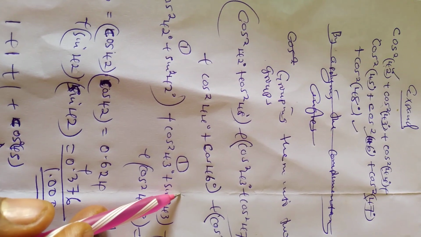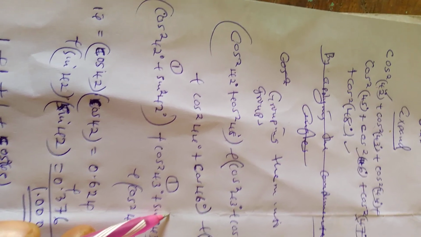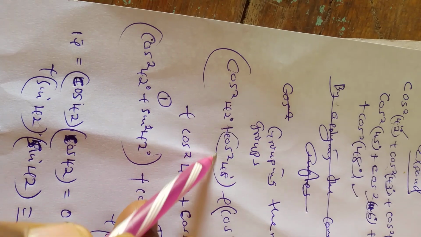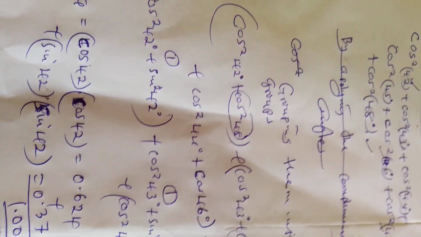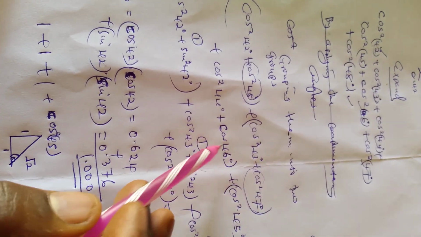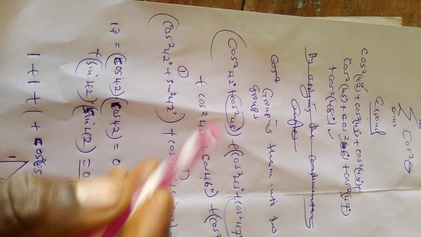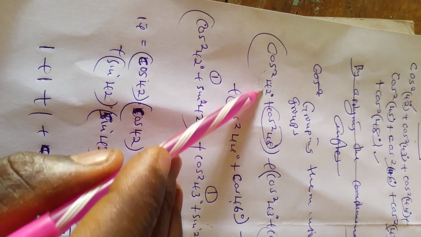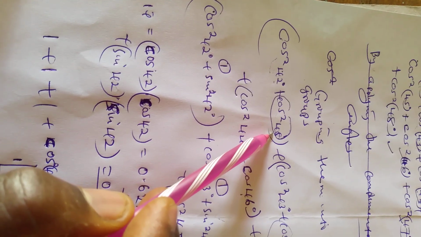From there, we want to find the complement of cos 48, cos 47, and also cos 44, in that order. As you can see, cos 42 plus cos 48 has this complement.